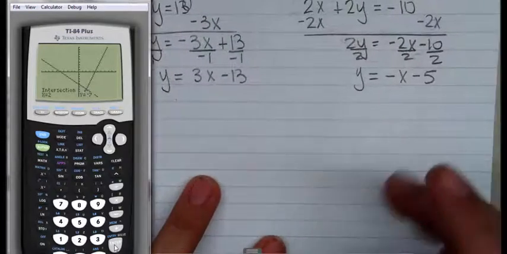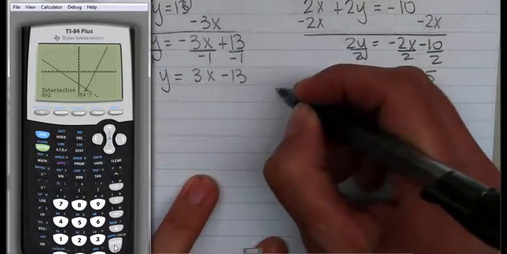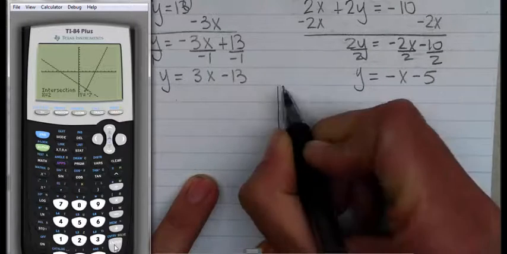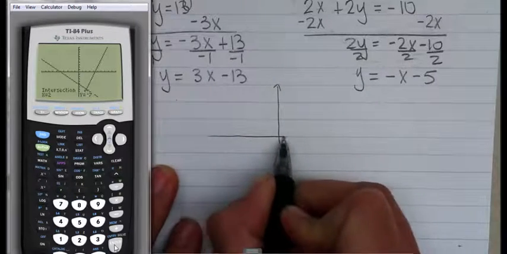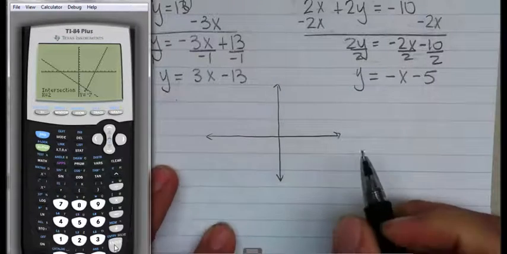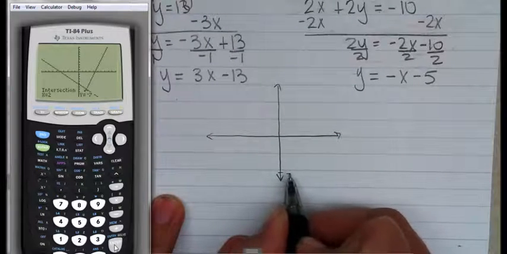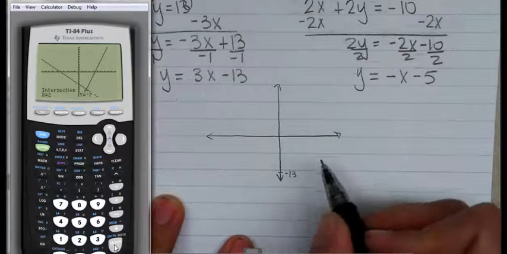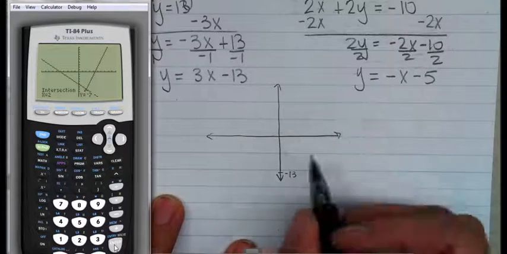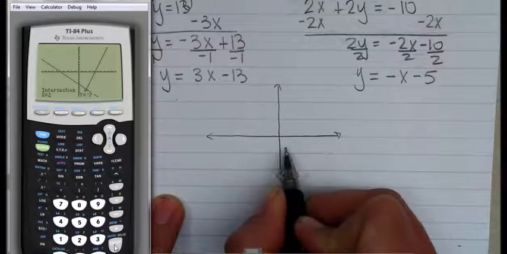Okay, so when I graph this, I'll just draw a really rough graph of this. Right, I see that this one is down here at -13. Great. And then this other one is down here at -5.